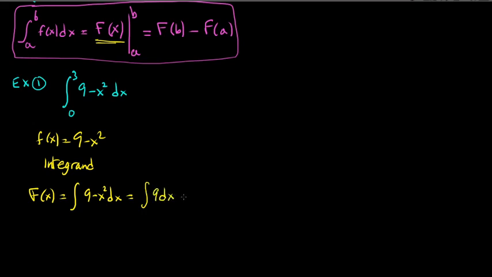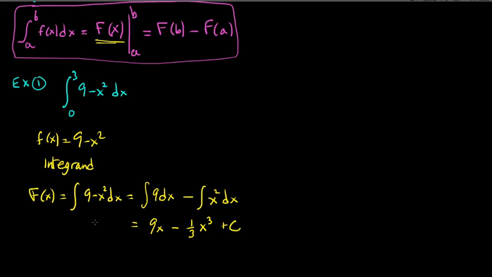It's the sum rule. The integral of 9 is just 9 times x, and the integral of x squared is 1/3 x cubed. Just use the power rule, plus c. Although we're not going to need the c here, and you'll see why in a second. But let's leave it for now as plus c.